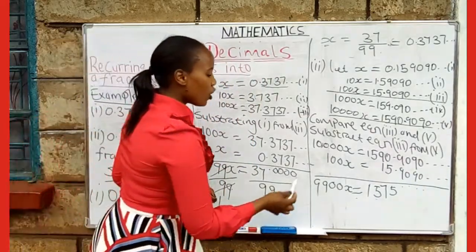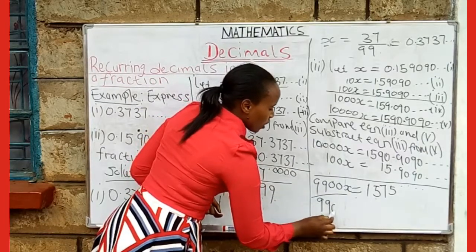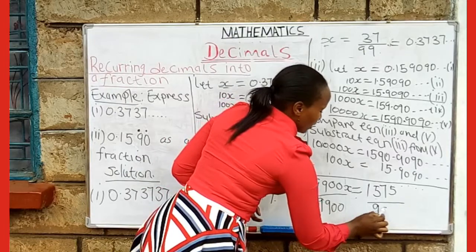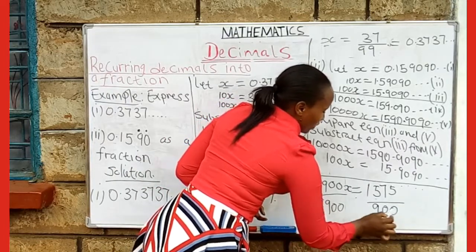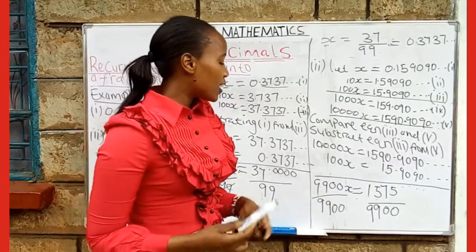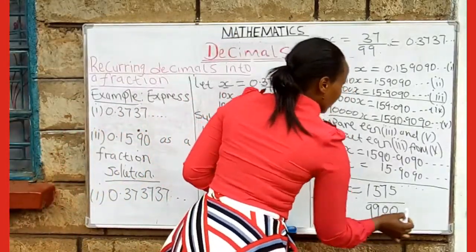Remember again, we are only interested with the value of x because that is the fraction that we are looking for. So we divide both sides of the equation by 9,900 and let us see what we are going to get.